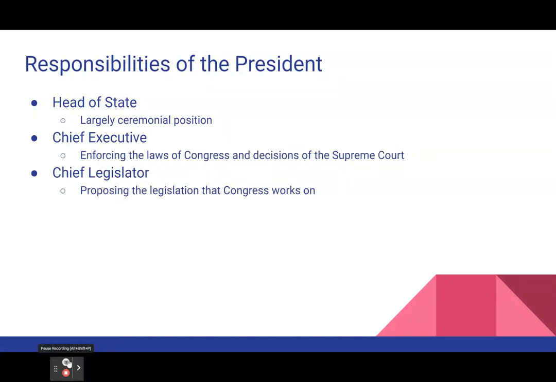So here's how the process of the veto works, and make sure you understand this also. When the bill comes to the president's desk, the president has 10 days to sign or reject a bill. If he doesn't sign it within those 10 days, and if Congress is still in session, then the bill has been passed.